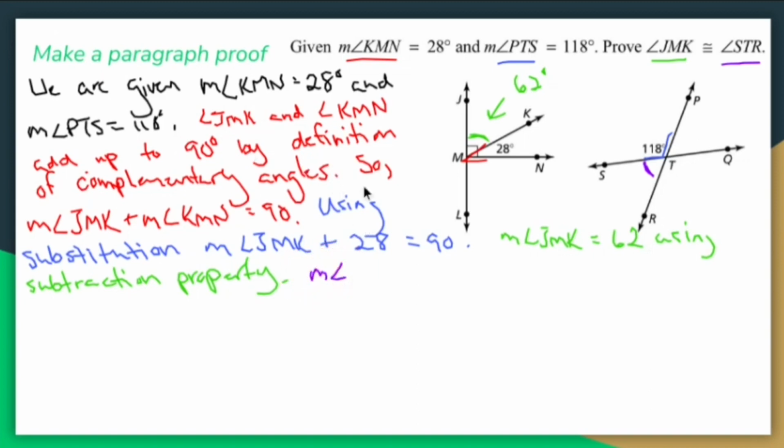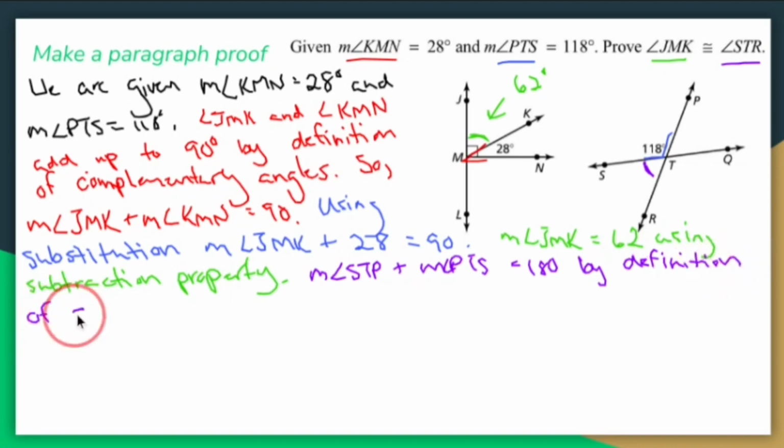Now, what I'm going to do is avoid writing so much here and just jump right to that and say that the measure of angle STP, Stone Temple Pilots, plus the measure of angle PTS equals 180 by definition of supplementary angles.